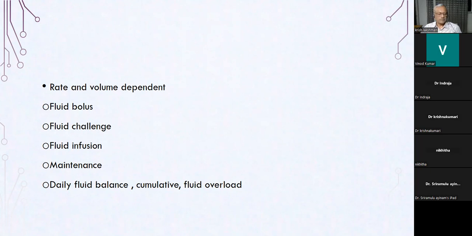Daily fluid balance, cumulative fluid balance, and fluid overload are important terms, which involve a day-to-day reviewing of the patient, in which we write the intake and output chart and the negative or the positive result which we get. The positive result is the positive overload, and negative is the loss of fluid.